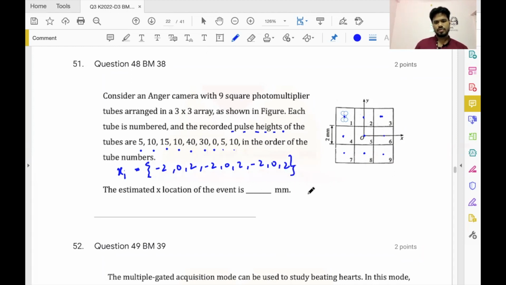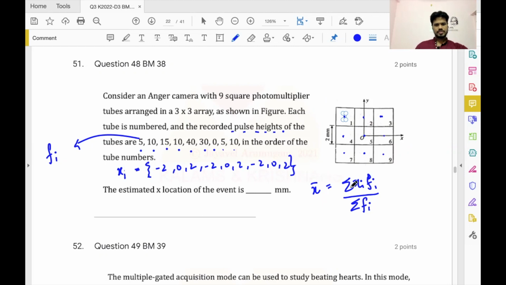The answer we are looking for is X bar, which is sigma Xi Fi by sigma Fi, where Fi is the pulse height given for each of these.